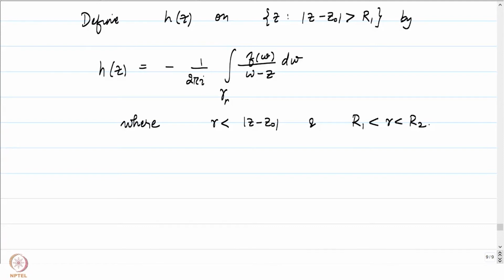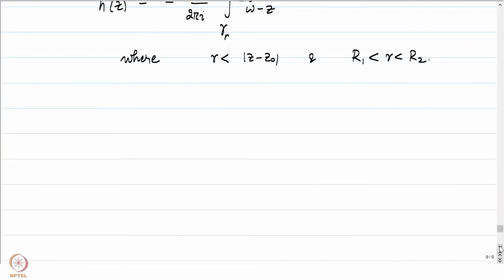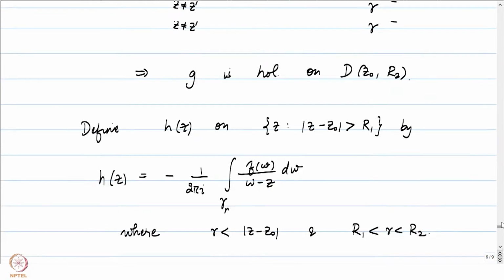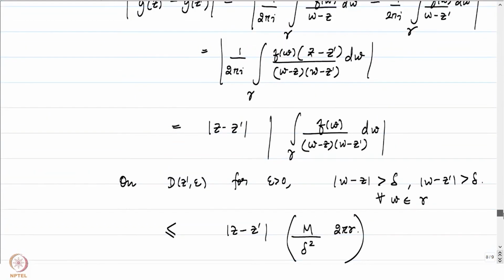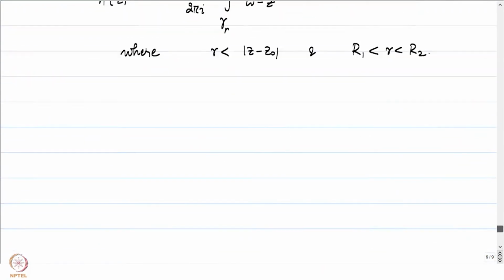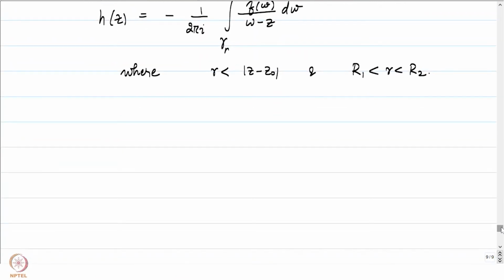So let me not go into the details again, it is just a repetition of the arguments which we gave for our function g. Okay, now we have two functions, one defined in the disk of radius capital R2 and the one which is defined in the complement of the closed disk of radius small r1, which is less than R2.